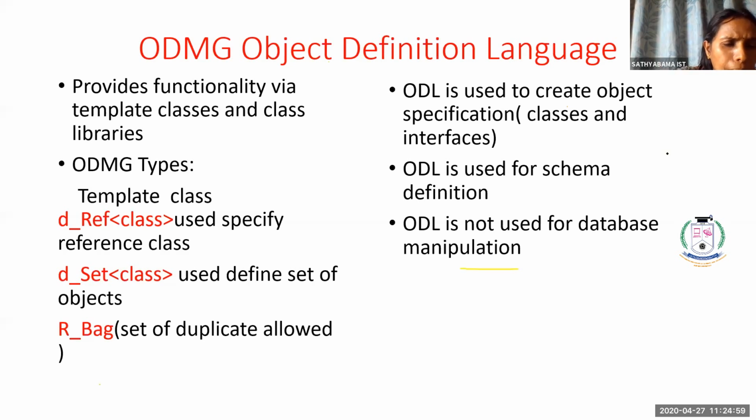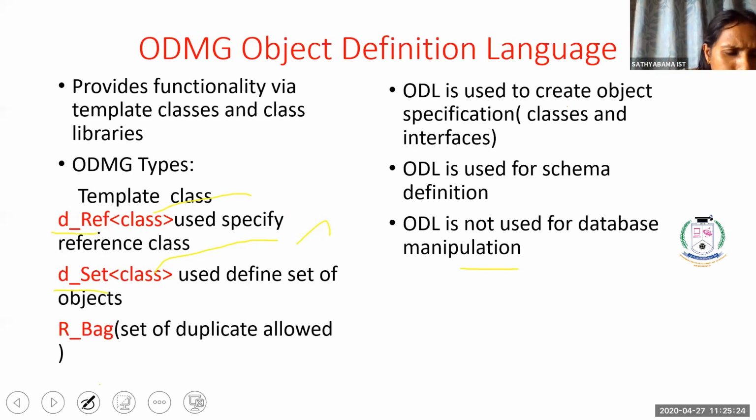Okay. So these are the template classes. By using these template classes only, that is dereference, here you have to specify which class you want to refer to and how many sets of references you have from one class to another class. All these can be preceded with a keyword called dset as well as dereference.